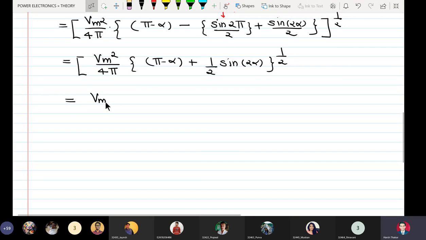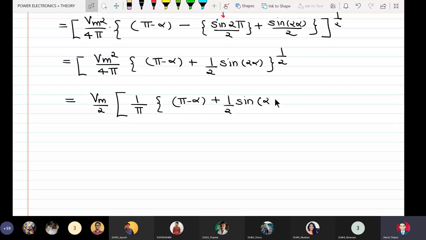which is equal to Vm upon 2 into 1/pi into pi minus alpha plus 1/2 sine 2 alpha, under root. Okay, this is our final expression.